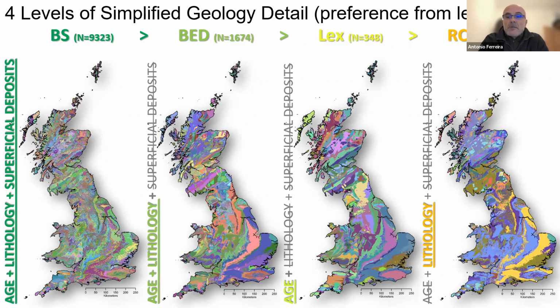BGS computed the radon potential for the remaining BS geologies, that is, those with less than 30 measurements. And where necessary, a lower level of geological complexity was used to ensure a minimum of 10 radon measurements per grouping.